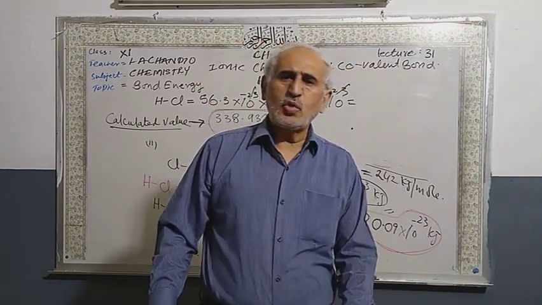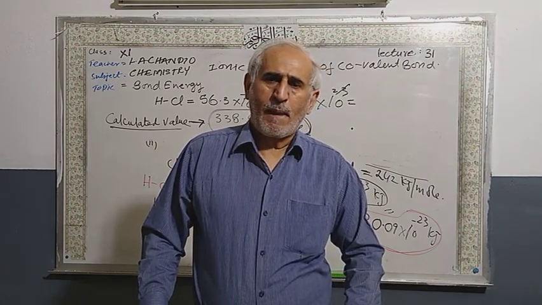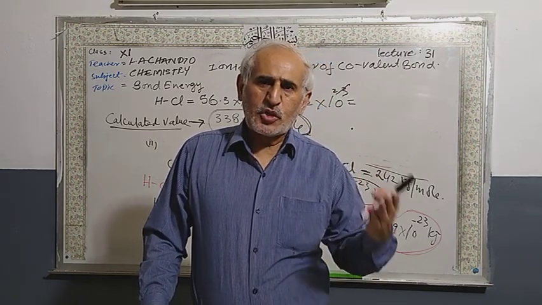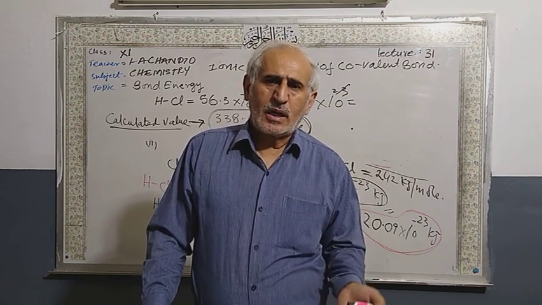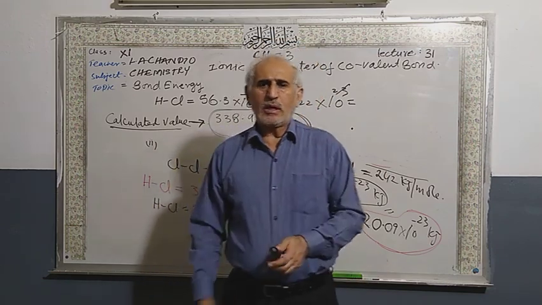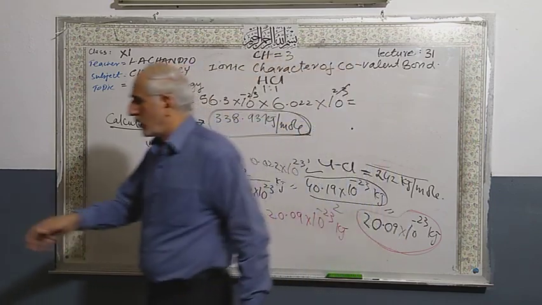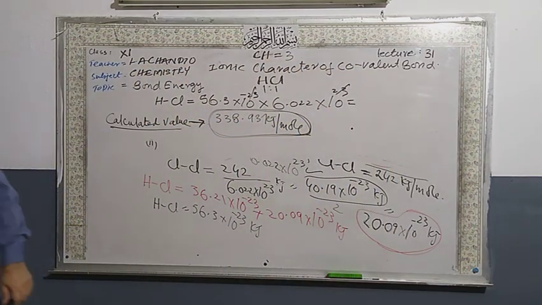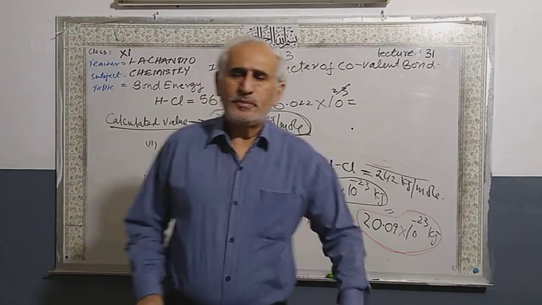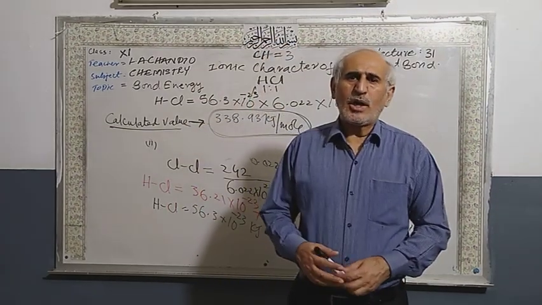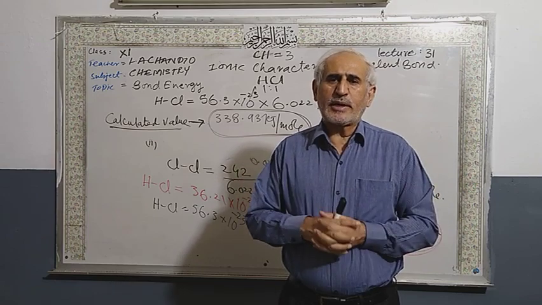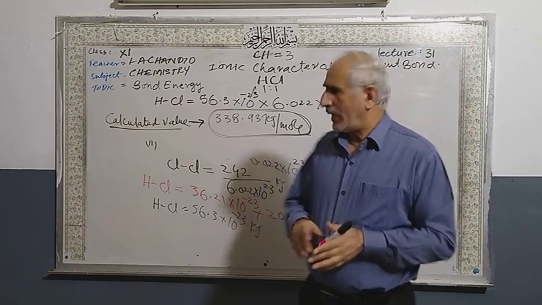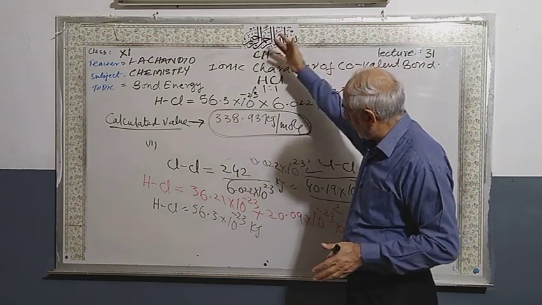Dear students, there are two values. One is the observed value, obtained by using spectroscopy technique, instrumentation. This is called the observed value, and it is very accurate. The other one is the calculation we made.